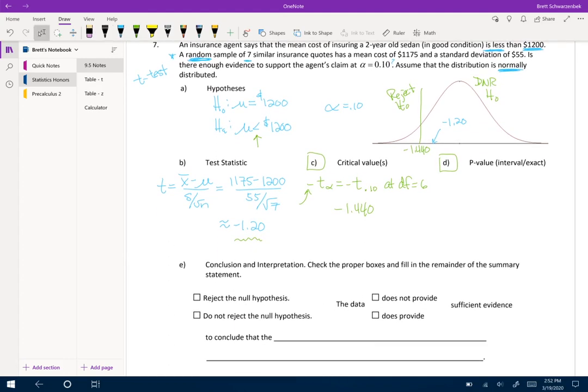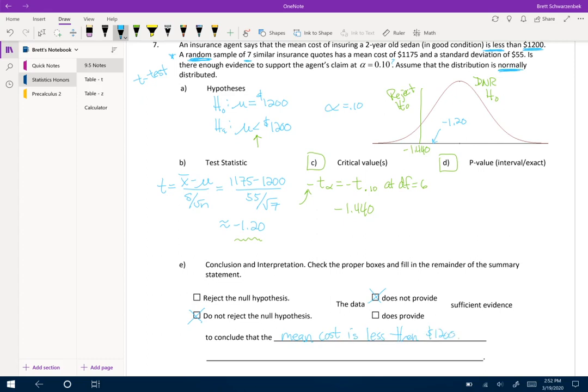Remember our little conclusion summary here. We would do not reject H naught, which means it does not provide sufficient evidence. And then we would just reword the alternative hypothesis that the mean cost is less than $1,200.